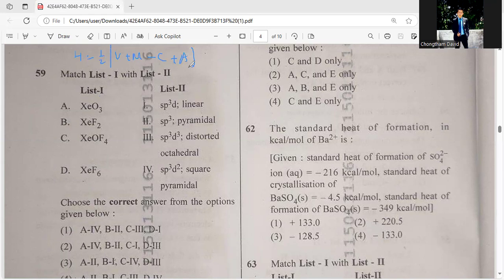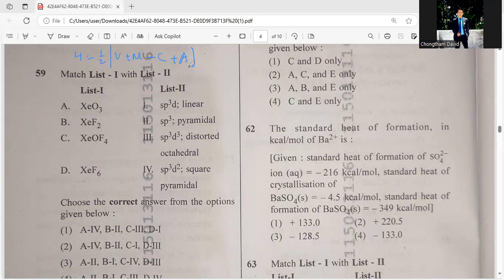Using this formula, you can find that xenon oxytetrafluoride is distorted octahedral, hybridization sp3d3, and xenon hexafluoride sp3d3. It is not square pyramidal, it is distorted octahedral, based on your valence shell electron pair repulsion theory. So A will be xenon trioxide, it is pyramidal, sp3.